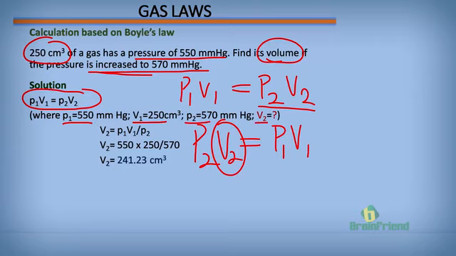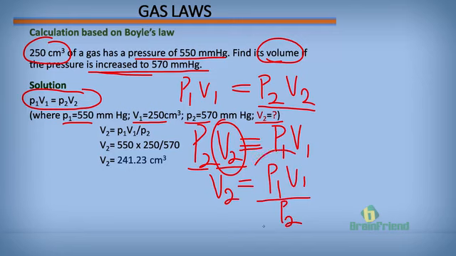So what we are looking for is V2. When P2 crosses the equality sign, we'll be having P1 V1 over P2. So with this, we'll calculate our volume at the end of the experiment.